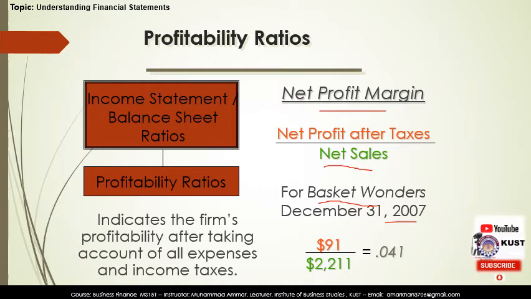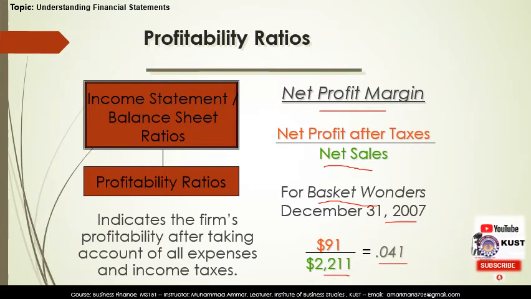So we have $91 divided by 2211, the net sales we discussed in our previous slide, and we get the answer 0.041. What does this 0.041 indicate? It indicates the firm's profitability after taking account of all expenses and income taxes.